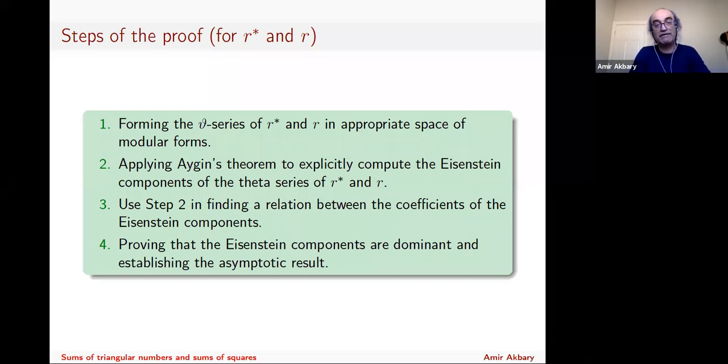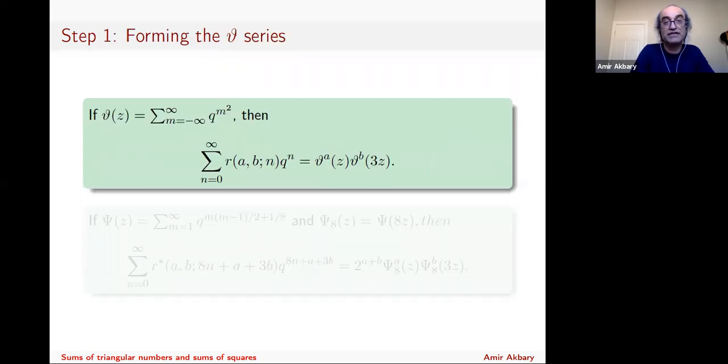And finally, we have to show that the Eisenstein components are dominant and establish the asymptotic result. So let me tell you something about each step.